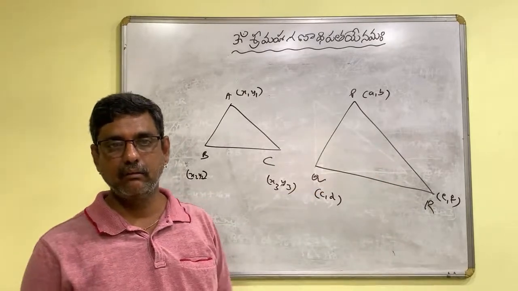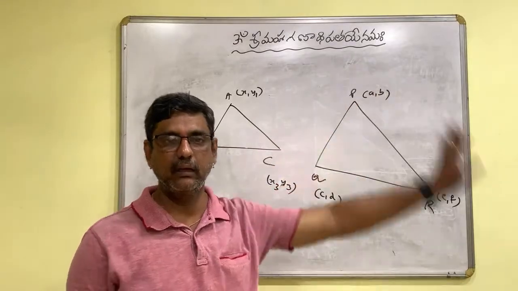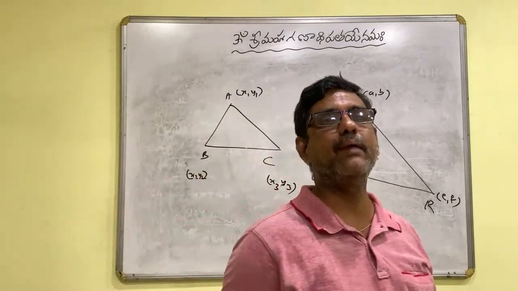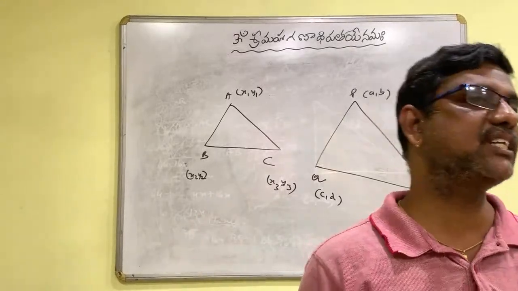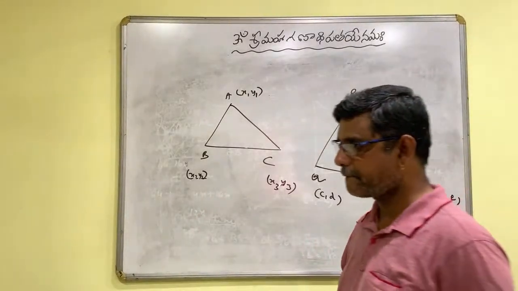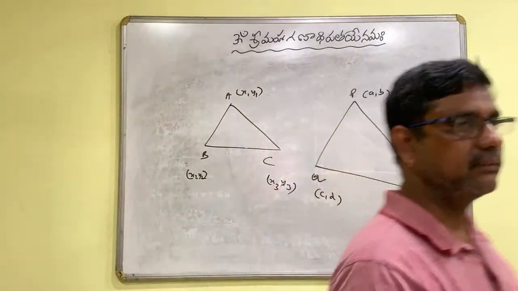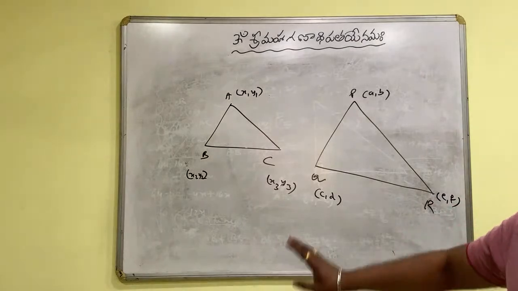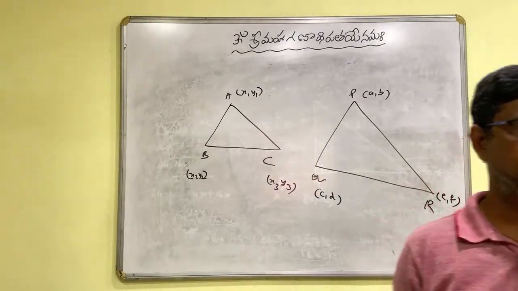Understand, children? How can we prove that these two triangles are similar using distance formula? This is the question.